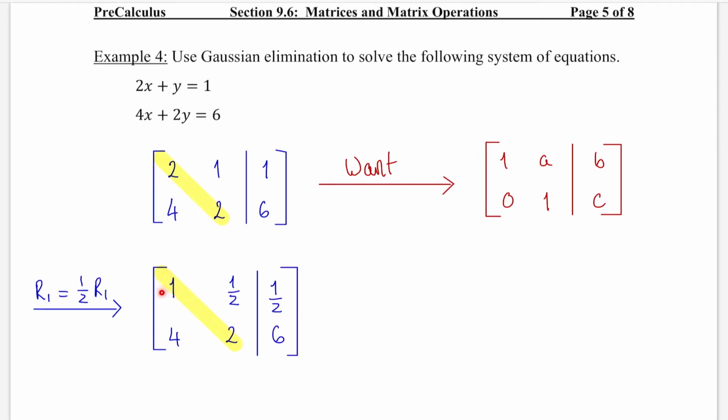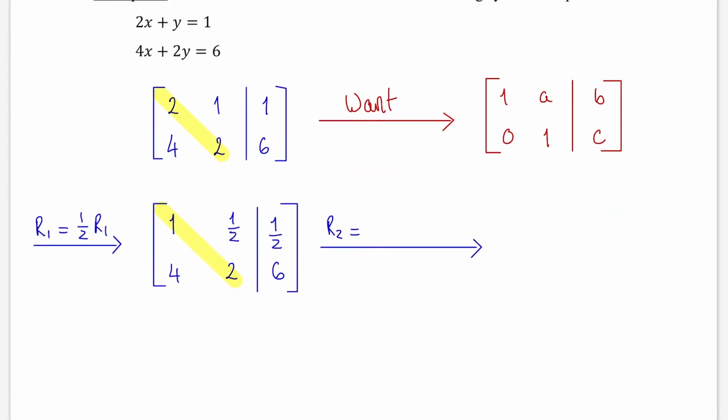So I will multiply the first row by -4 and add it to the second row to get the new second row. So row 2 will be -4 times row 1 plus row 2. This is a formula. That is how I get to the new row 2.